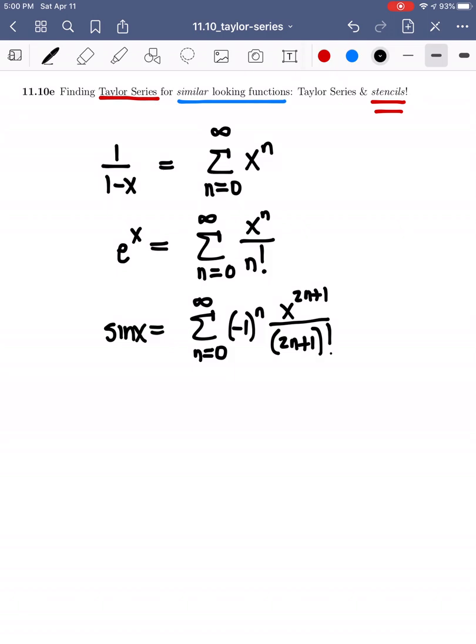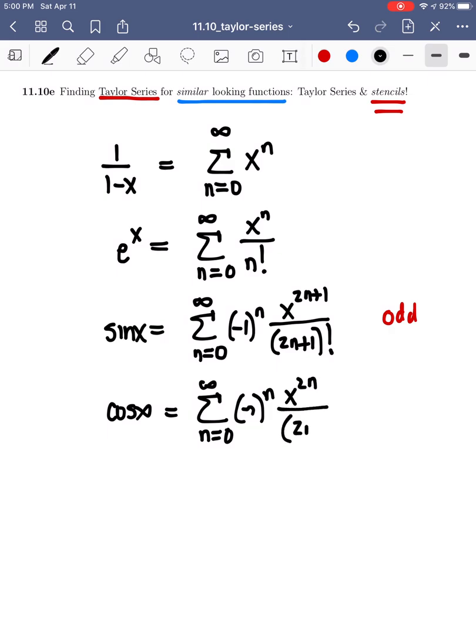So again, just to emphasize, remember sine is odd and cosine is even. So x to the 2n all over 2n factorial.